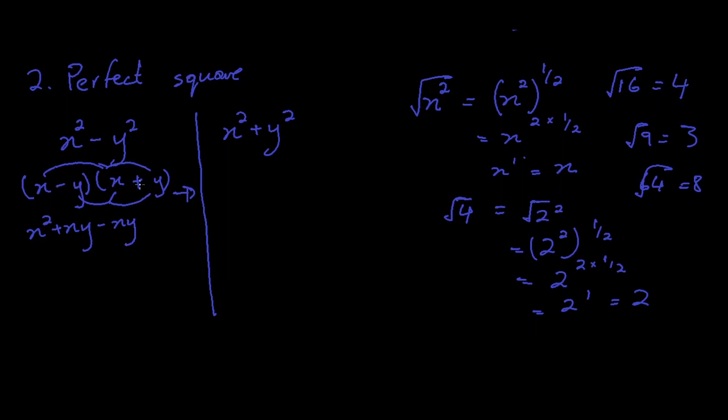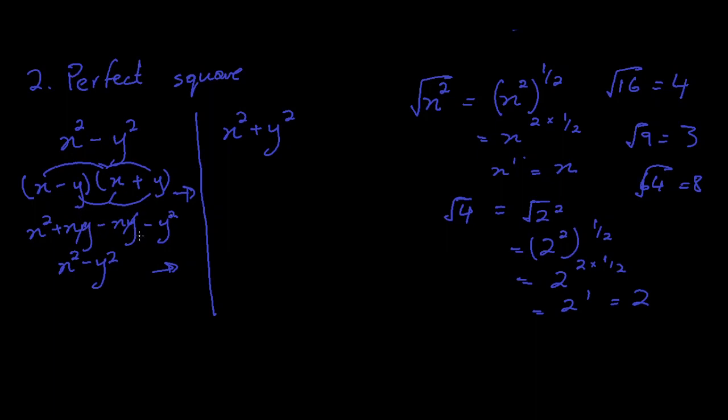Then negative y multiplied by positive y, it's negative y squared. Okay, so remember, these guys are the same, but they have different signs, so therefore they cancel each other out. Then you're going to be left with x squared minus y squared. So what does it show? It does show us that we did factorize correctly in the above by following the rules of a perfect square.